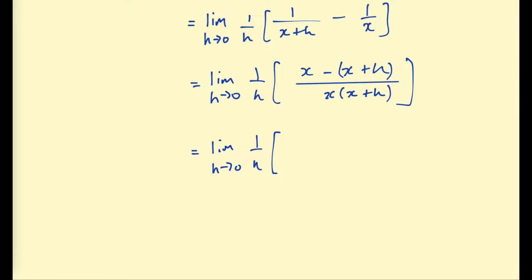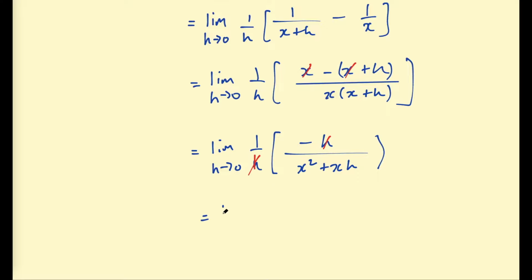So let's see if we can do some simplifying now. In the numerator we have x take x, they're going to cancel, and then we're left with the negative h. So let's write this as negative h over x squared plus xh, expanding those brackets. And then we can cancel the 1 on h that's multiplied by this whole thing by the h in the numerator.